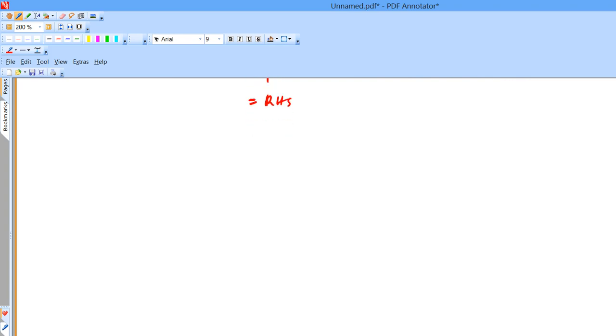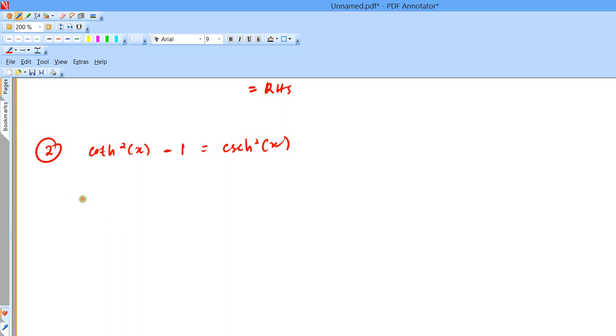Next, second example. Prove that hyperbolic cotangent square x minus 1 equal to hyperbolic cosecant square x. So left hand side we have hyperbolic cotangent square x minus 1. We want to prove left hand side is equal to right hand side.